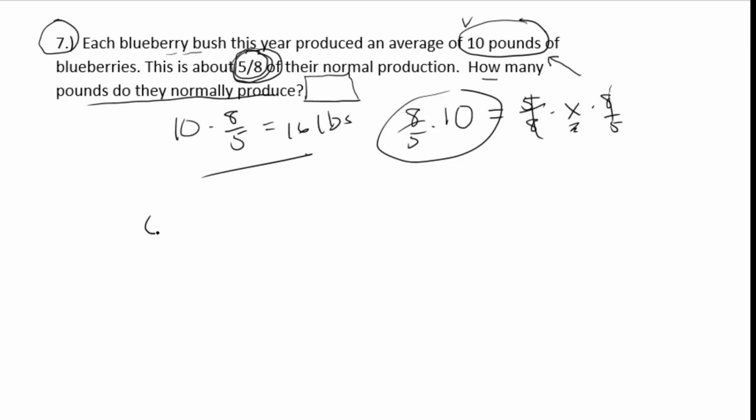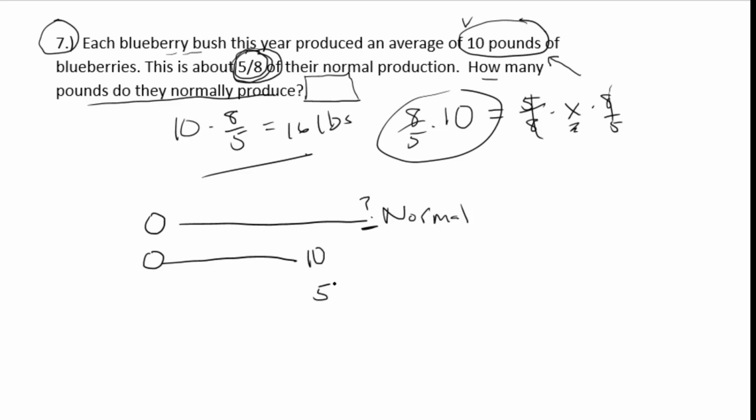So here I'm going to start with 0, and I'm going to have their normal production. We don't know what that is. Normal, and we don't know how many pounds that is. And here we know that 10 pounds is 5/8. And that's 8/8 because that's their normal production.